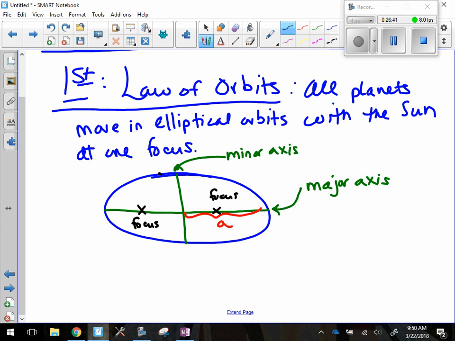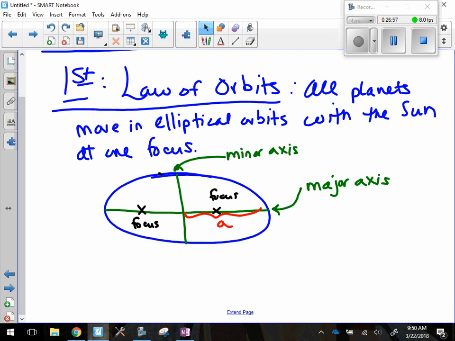So if you ever need to make an ellipse, you take a piece of string, thumbtack down the two ends, and draw your pencil so that it's taut, and you draw the ellipse that way. A font of useless knowledge.